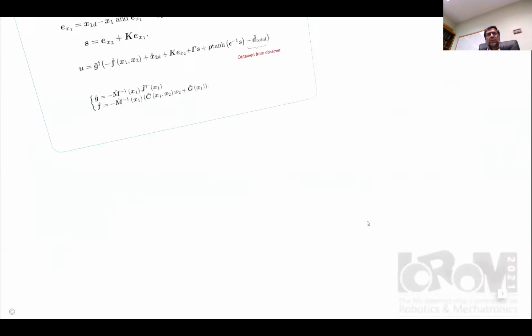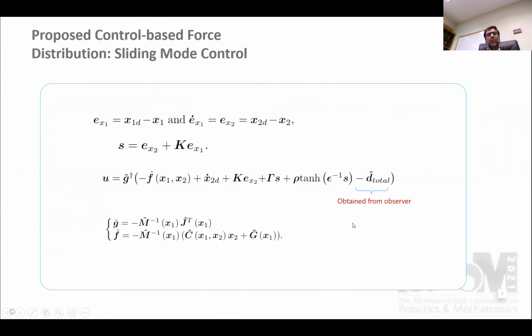As I said before, we estimate the effects of the saturation type function with an observer, and then in the control design we use this estimation.